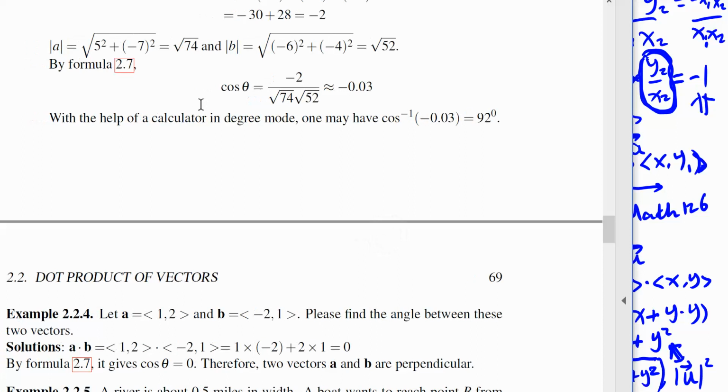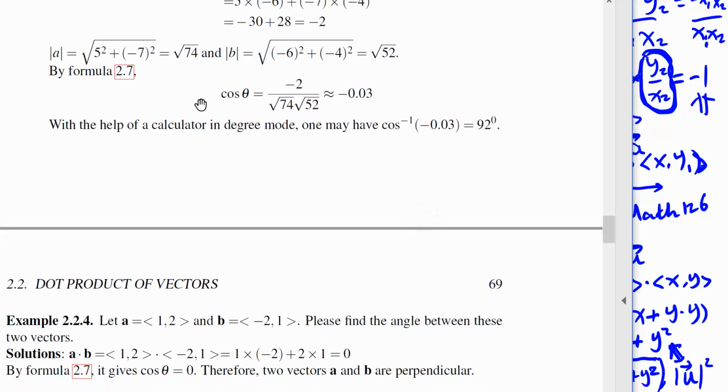Now we know if you take A dot B, then you have 1, 2 dot -2, 1. So it's basically 1 times -2, the first coordinate times the first coordinate of the second one, then plus 2 times the second coordinate of B. If you add those two numbers together, you have 0. So A dot B is actually 0.